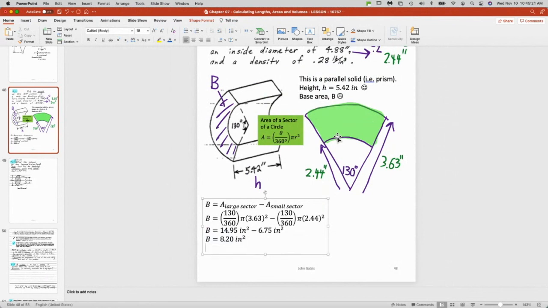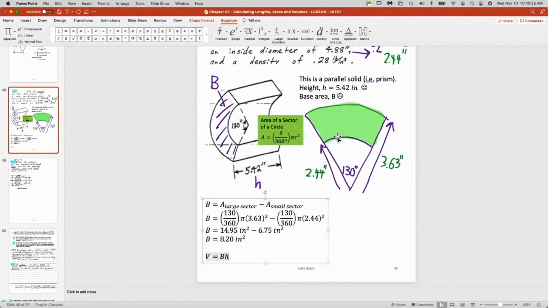So now we're going to find the volume. The volume is equal to BH, which is equal to 8.20 inches squared times 5.42 inches. Okay, I'll take it on what you have there.